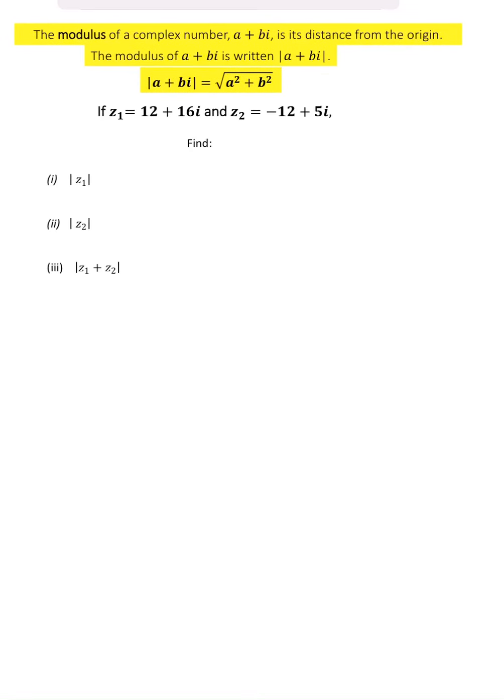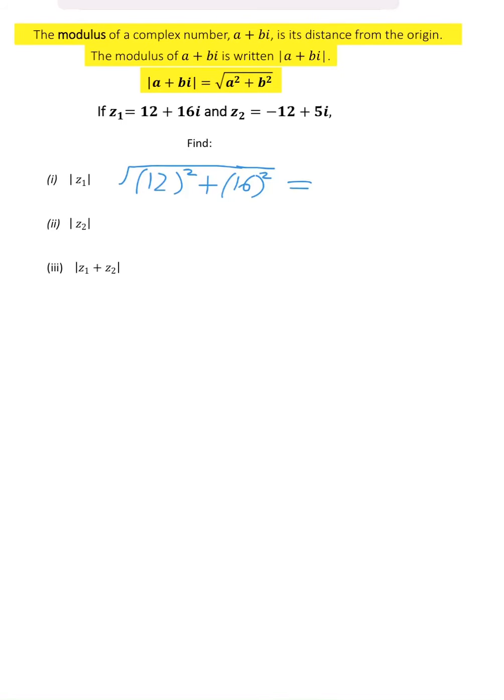So here we have z1 is equal to 12 plus 16i, and z2 is equal to minus 12 plus 5i. And we need to find the modulus of z1, z2, and then z1 plus z2. Okay, so for the first one, it's z1. So a is 12, so I'm going to have 12 squared plus 16 squared.